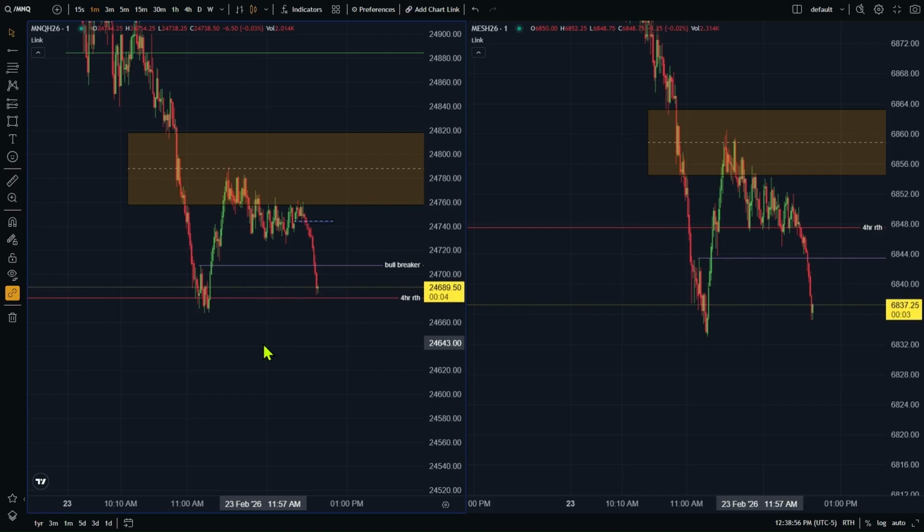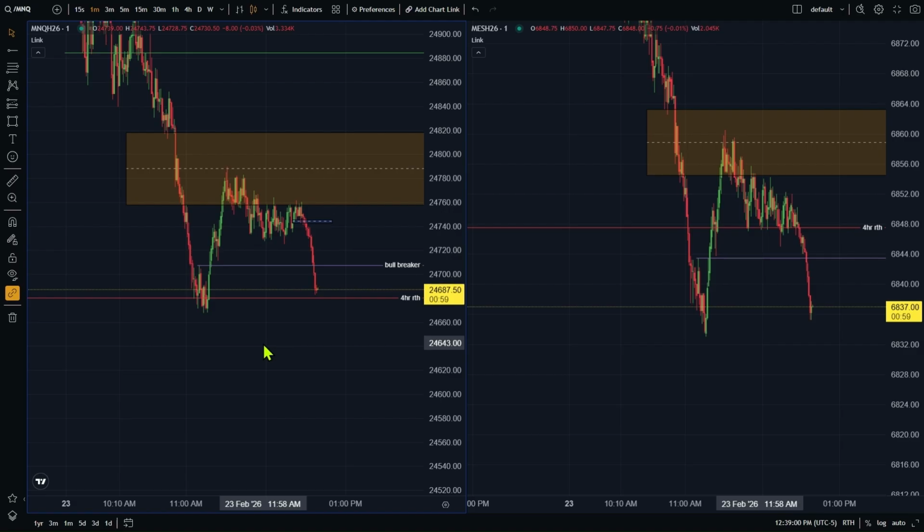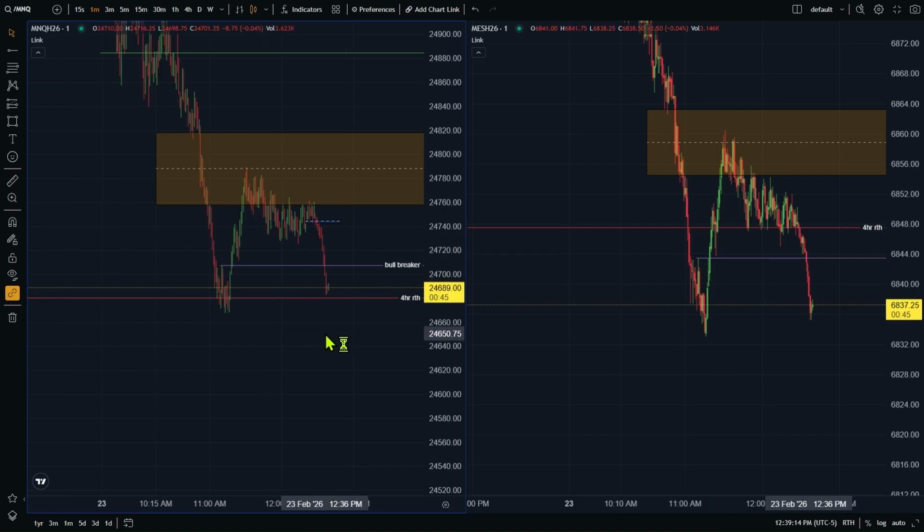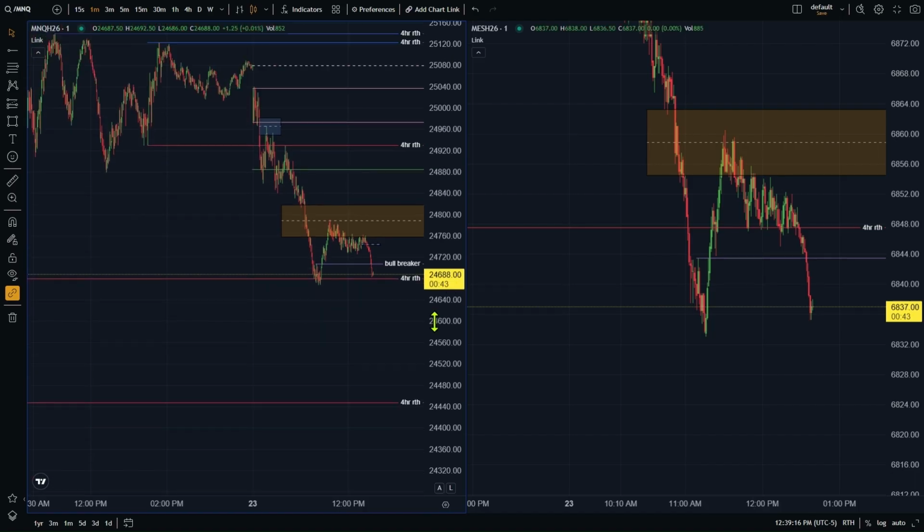The only thing I would be interested in right now is a move to the upside, just simply because I've already made money here. And a push down, I would need to wait for it to get here and then see what happens because I'm not going to sell at the lows, expecting it to go there.